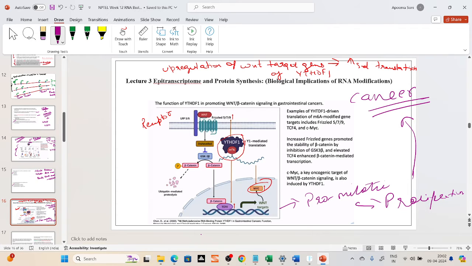We are trying to understand the biological implications of this modification. The biological implication is that this modification causes the upregulation of the Wnt pathway, and the Wnt pathway ultimately produces pro-mitotic genes which are involved in proliferation. Therefore, as this pathway is upregulated, it can enhance cancerous conditions.